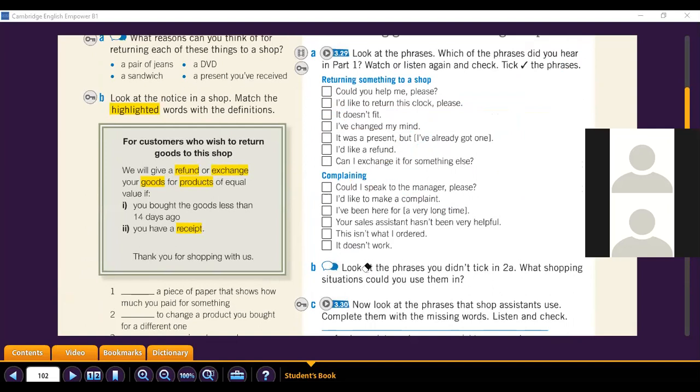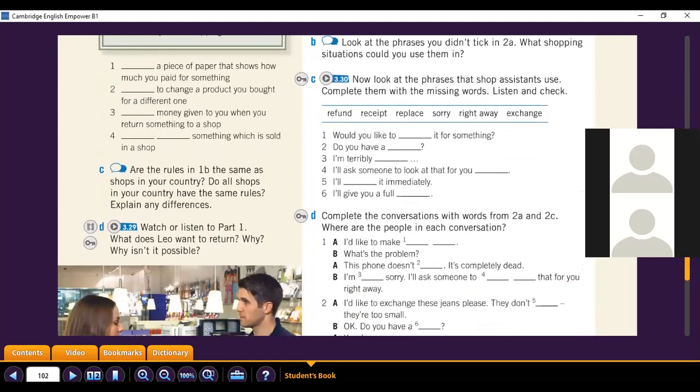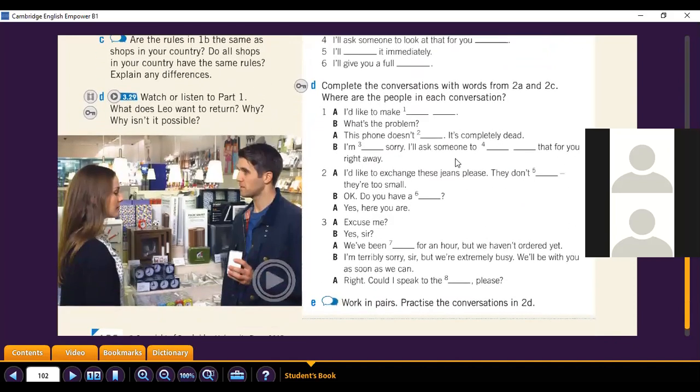¿Qué frase tenemos por ahí que empieza I'd like to make? A complaint. So the right option here is a complaint. Let me just write it over here.